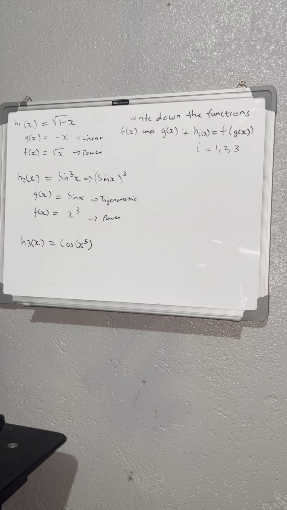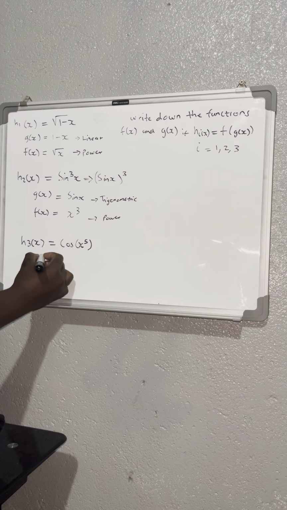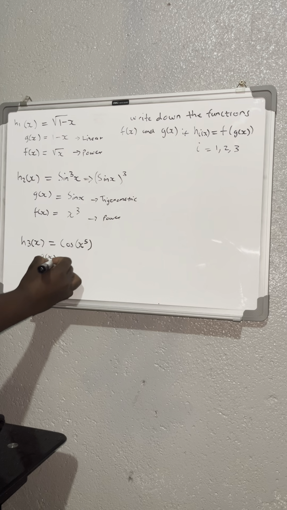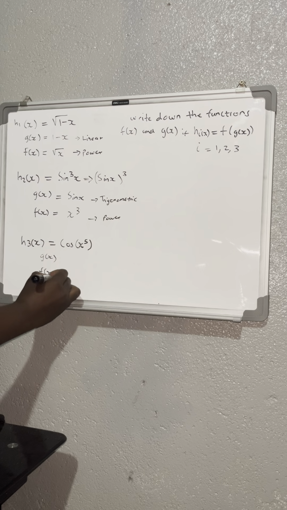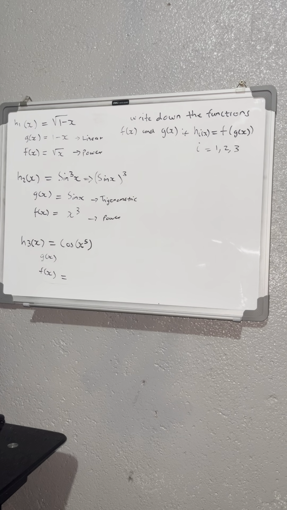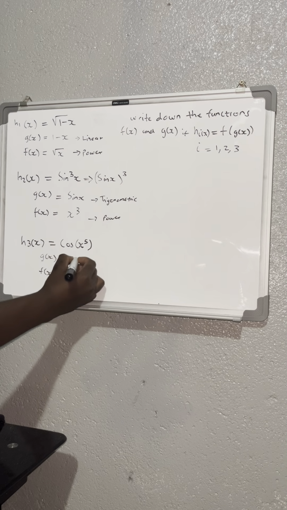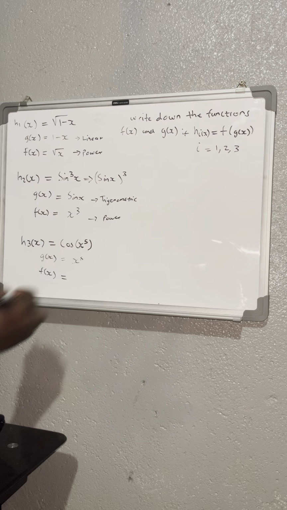So now we're going to move to the last one, where you have to calculate your g of x and also your f of x. So with this one, what's the internal function? Your internal function is definitely your x to the exponent 5.